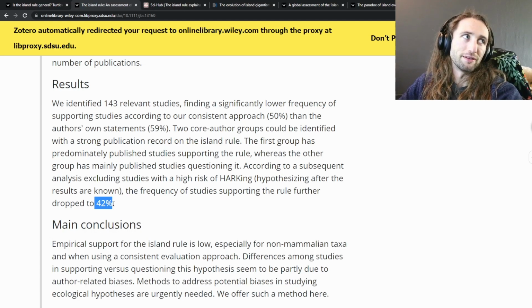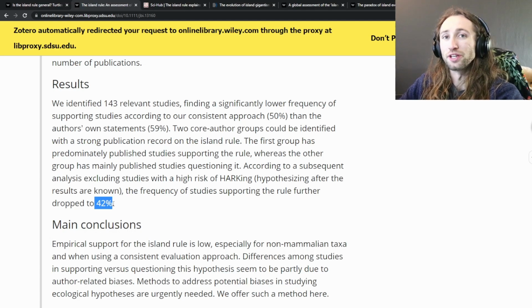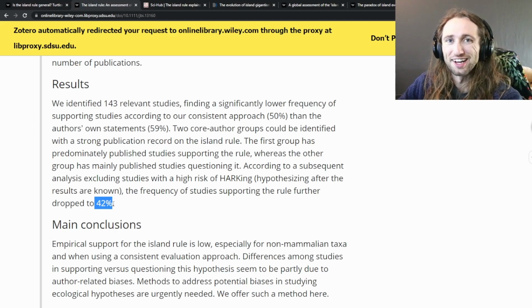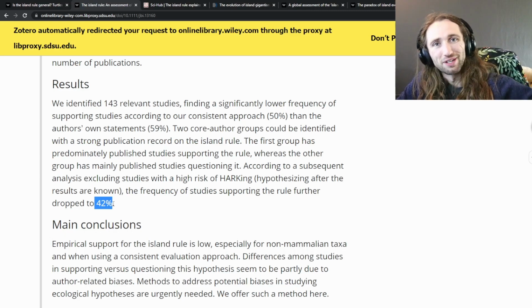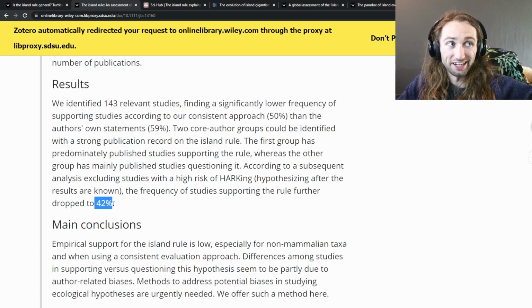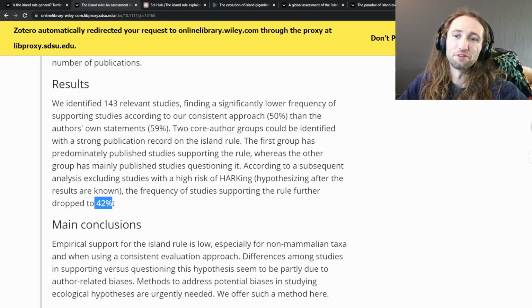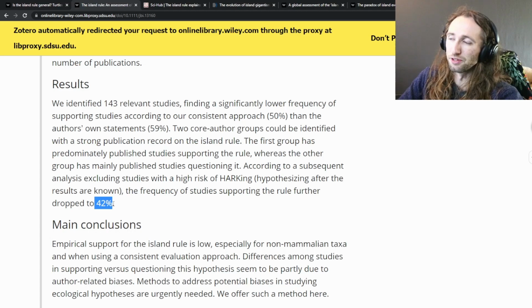Because it is more likely that organisms are going to have a shift in size when they go to a new island, a new area. And if they could either become larger or become smaller, it's a 50-50 shot. So every time they become larger, you're saying it's the island gigantism rule. And every time they become smaller, there is no support. Well, about half-half. Is there really support?